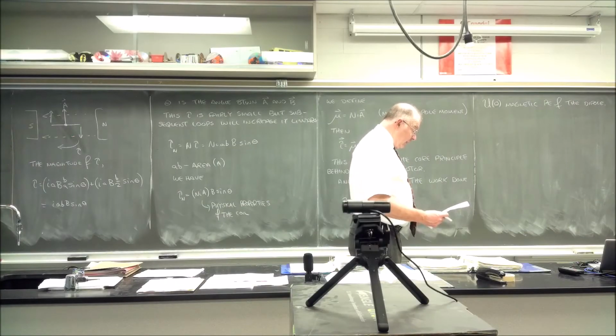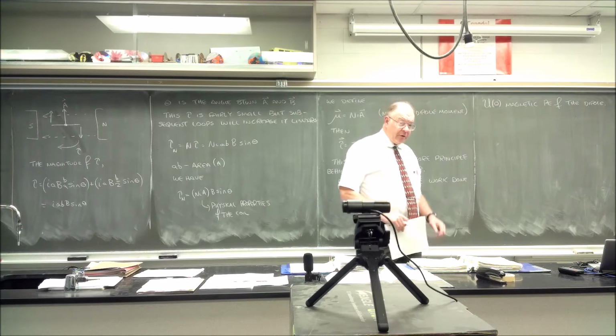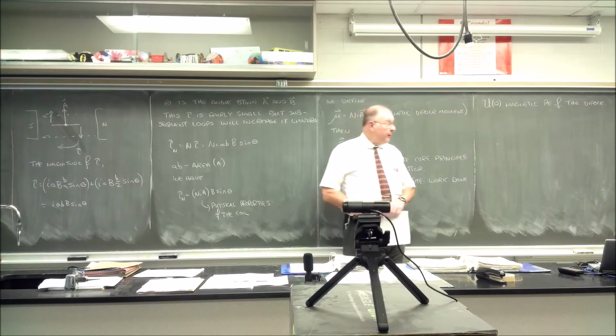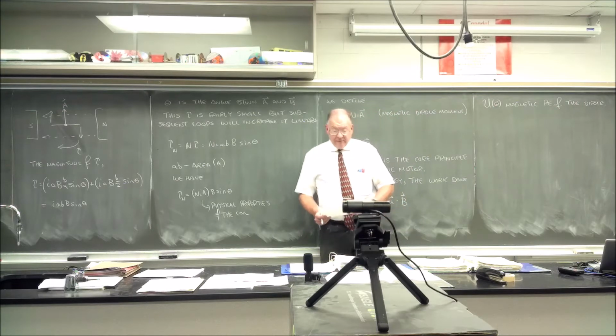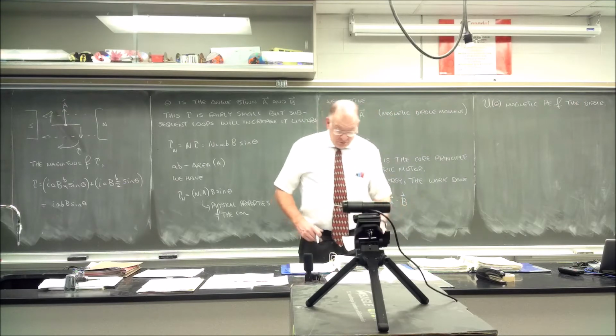And that is the story, the initial story of magnetism. And then the next step is the magnetic field due to a current. Now we have enough time. I think we should do a little bit of this today.